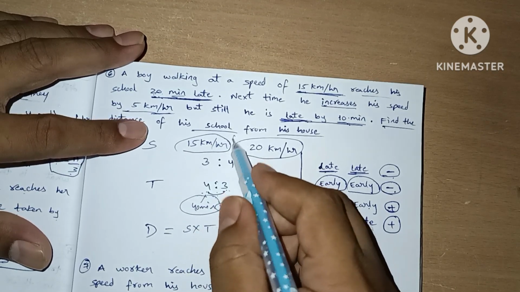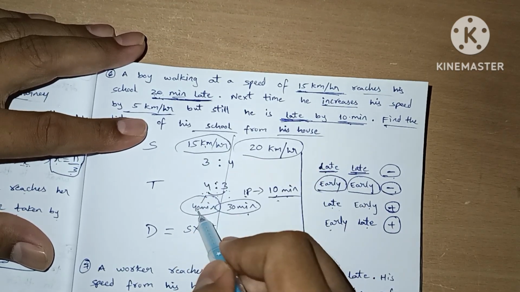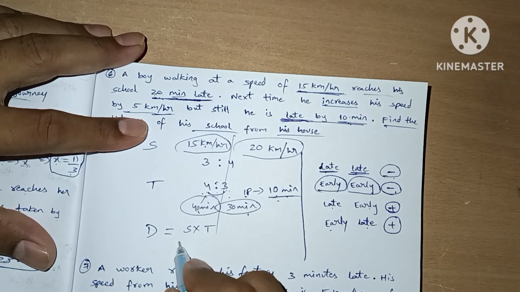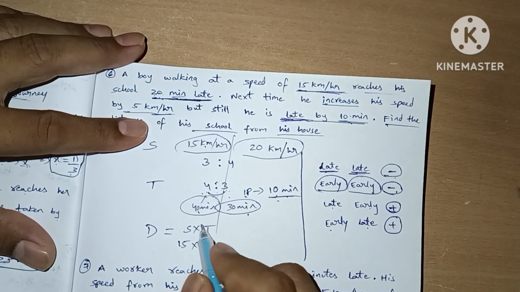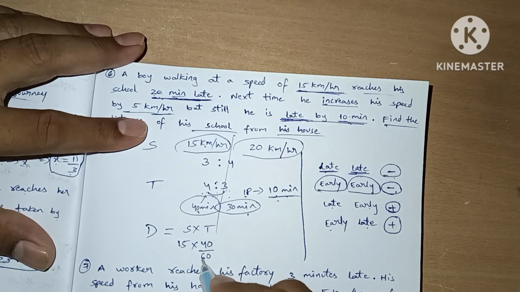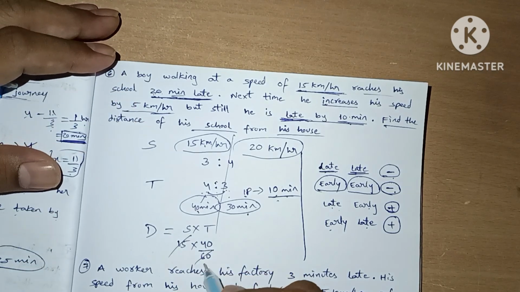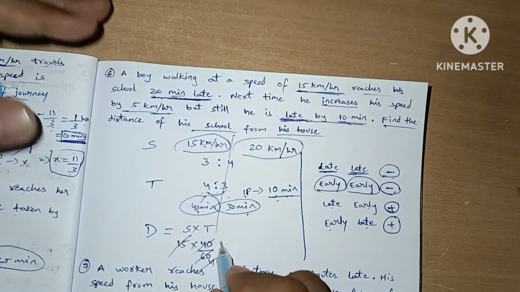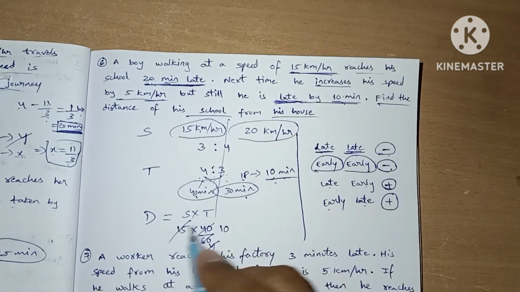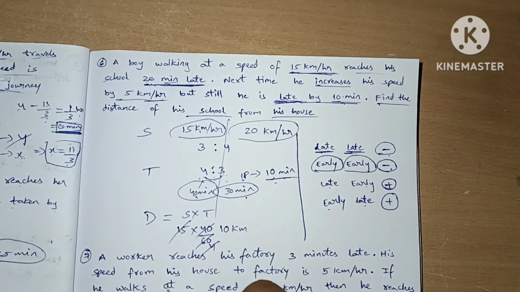Let's take one of these. 15 kilometers per hour into 40 minutes. This is in minutes, so we are converting it into hours. So we get 40 by 60. 15, 4 times, 4 10 times. So the distance we got is 10 kilometers.